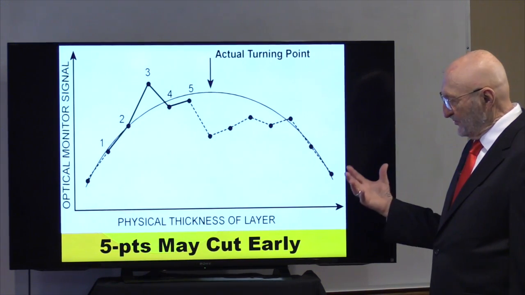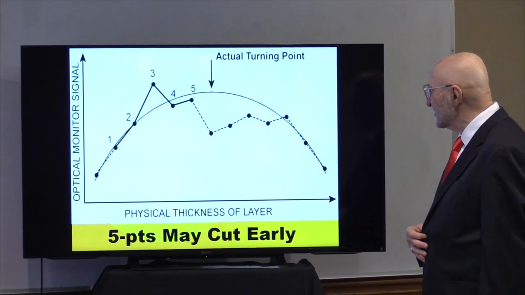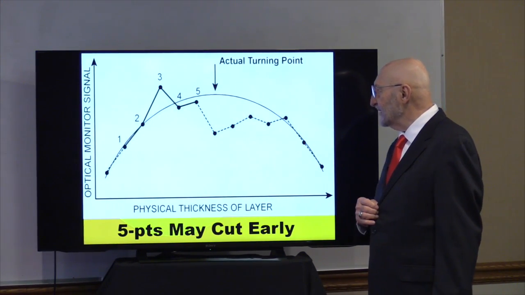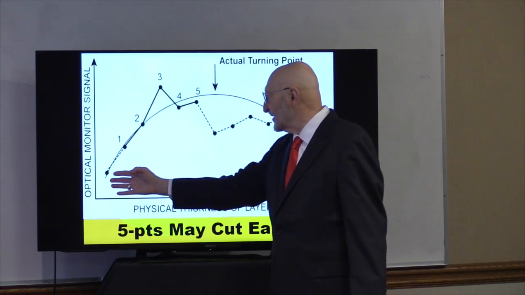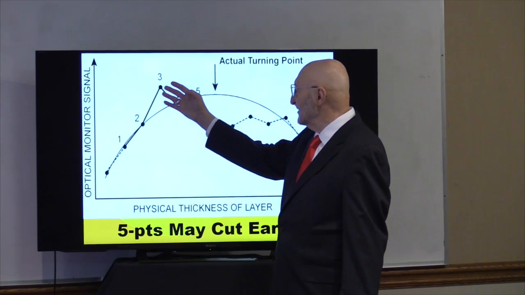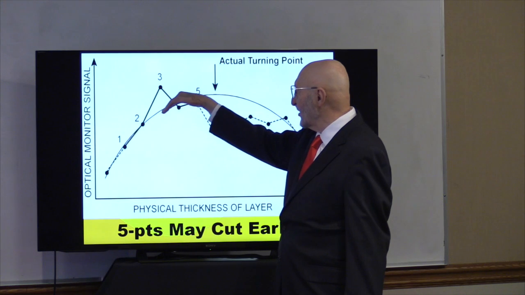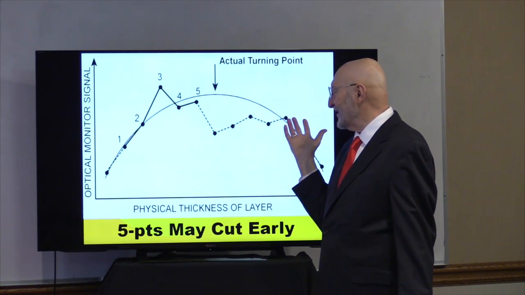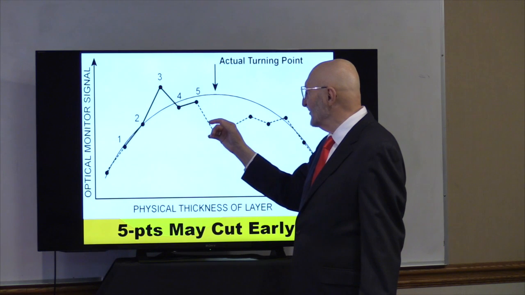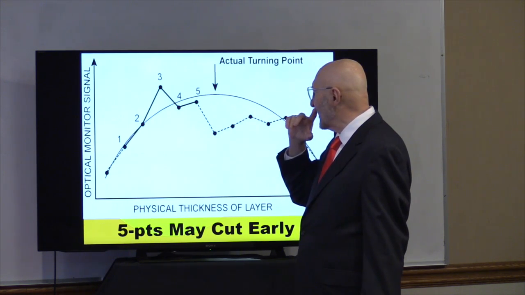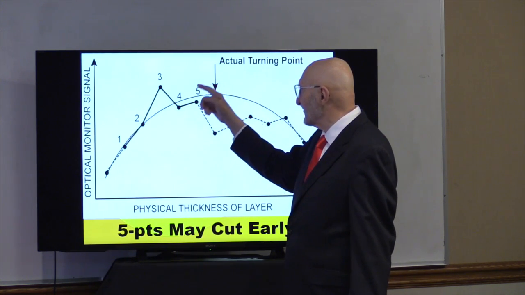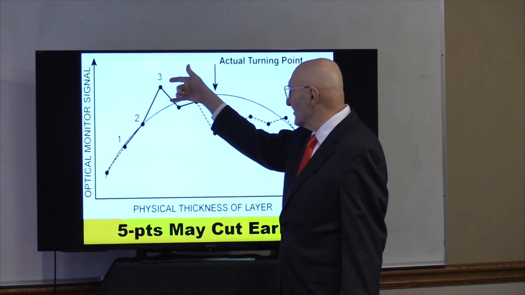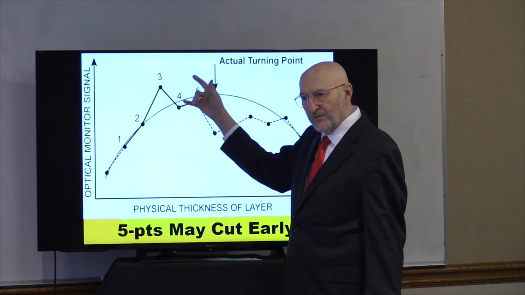Now this turning point technique using 5 points is a case where anytime I'm coming up and the slope changes, then I'm near or at a turning point. For example, if I were to say anytime the slope changes after 1 point, then this one would be an indication that that's the turning point.